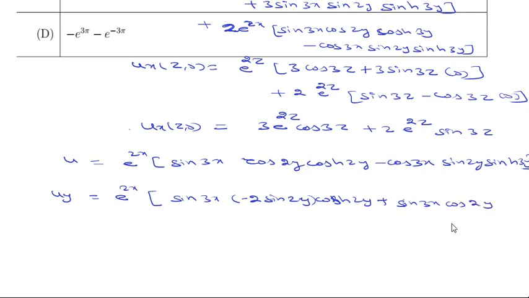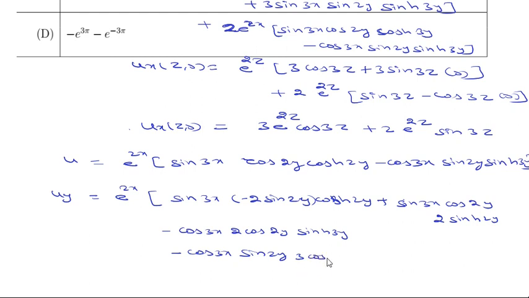Differentiation of cosh 2y will be 2 sinh 2y, and this one, so minus cos 3x. The derivative of sin 2y is 2 cos 2y sinh 3y, minus cos 3x sin 2y. Differentiation of sinh 3y will be 3 cosh 3y.